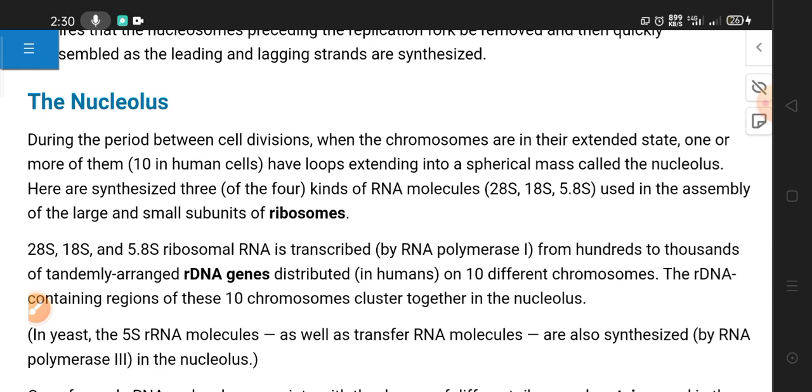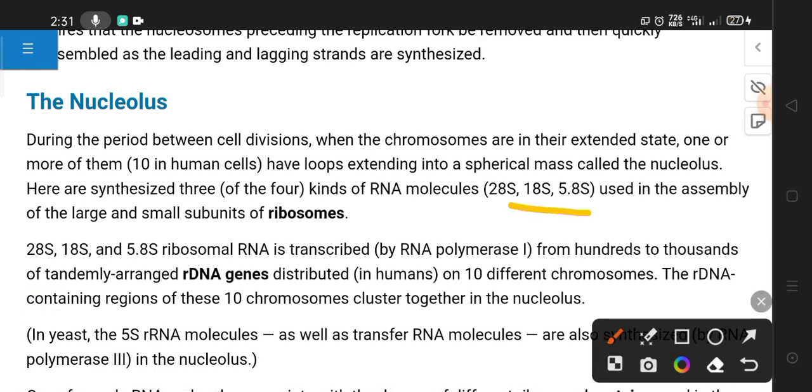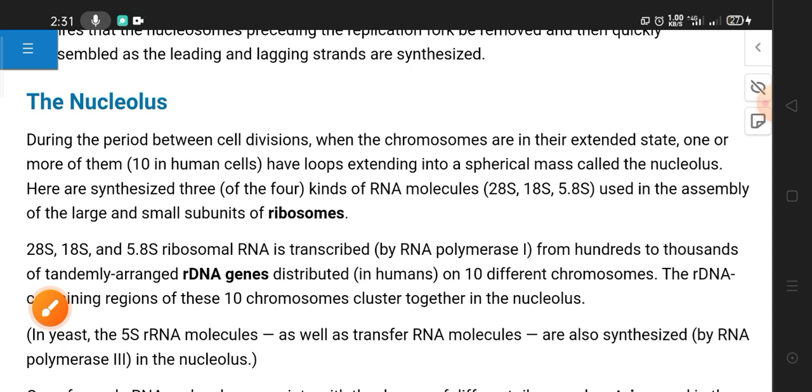Here are synthesized three of the four kinds of ribosomal RNA molecules, 28S, 18S, and 5.8S, used in the assembly of the large and small subunits of ribosomes.